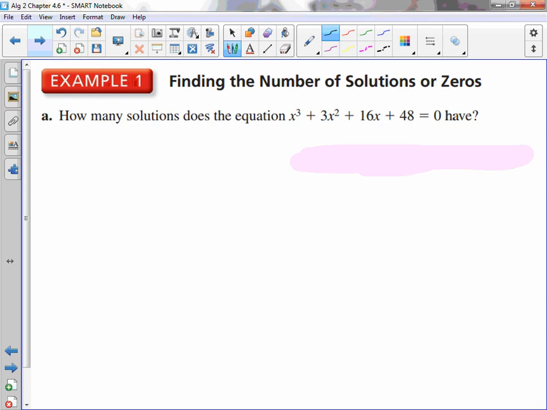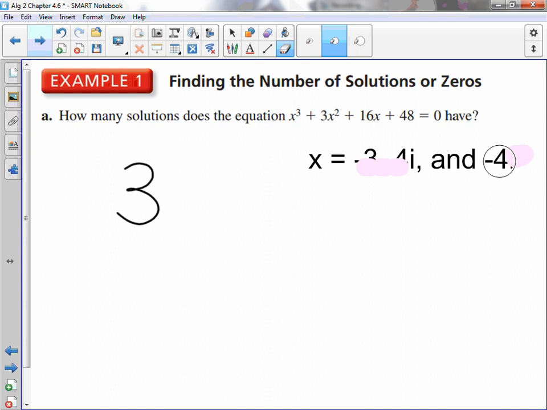It would be 3, because the degree is 3. The actual zeros would be -3, 4i, and -4i. Those would be the zeros, but this has 3 solutions.